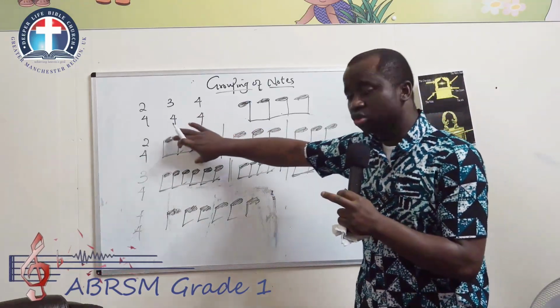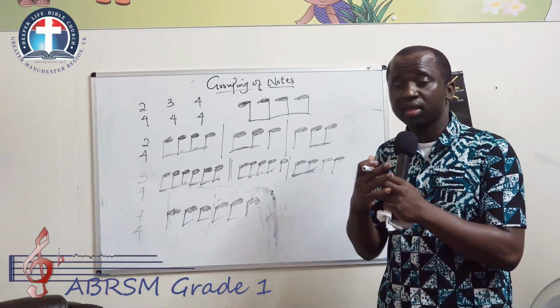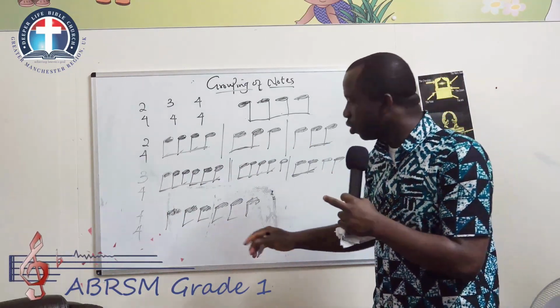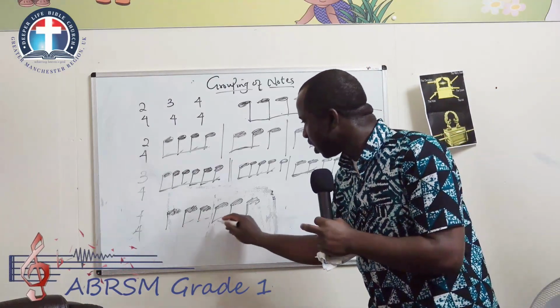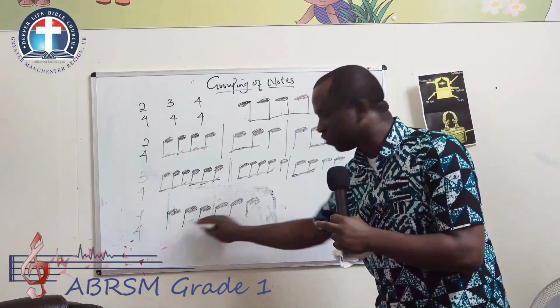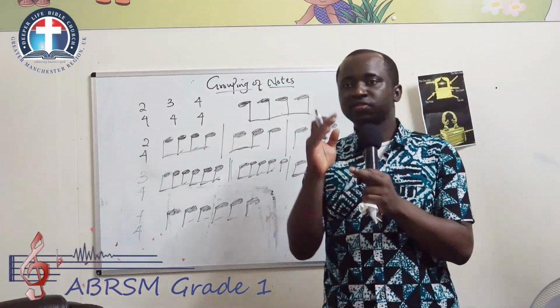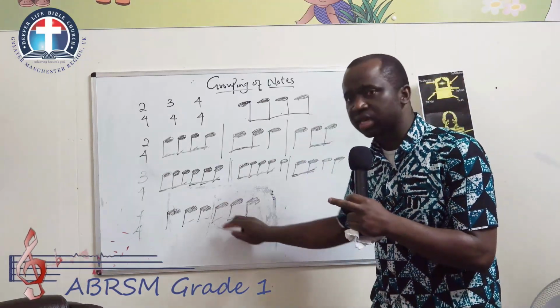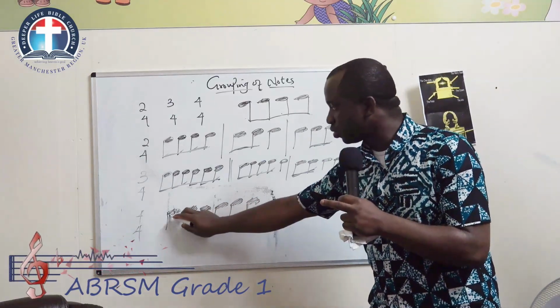We've done 2 over 4 and 3 over 4. You can merge all the things together anywhere the quavers appear. But for 4 over 4, you must only merge these 2, but not across the 4. Because another strong beat starts here. This is a strong beat, 1.